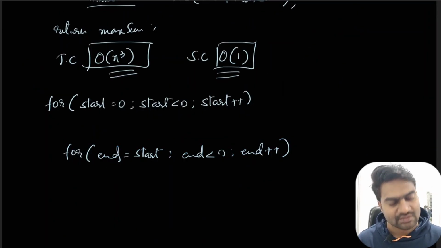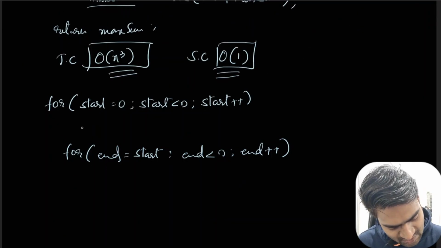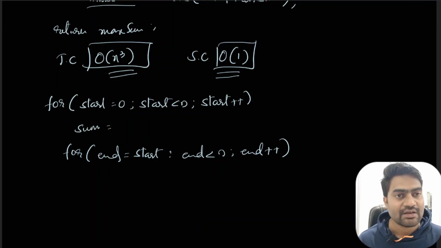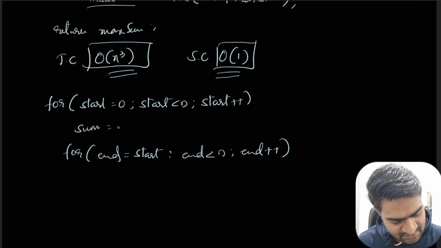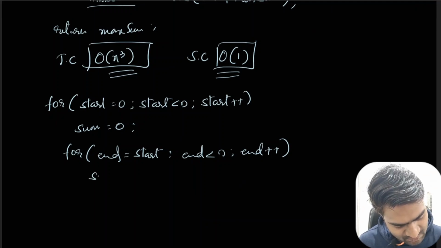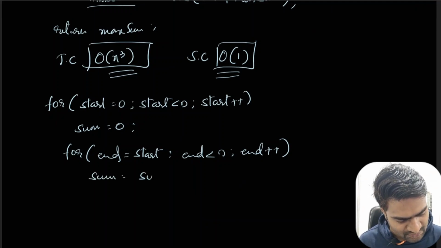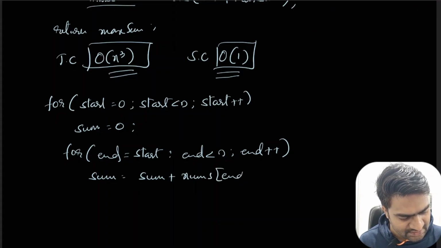Now what I will do, I will take a sum variable here and I'll assign it with 0. Then this sum equal to sum plus nums of int.